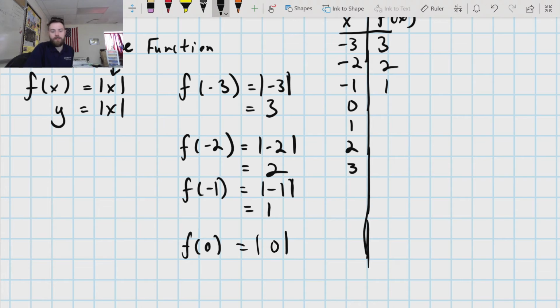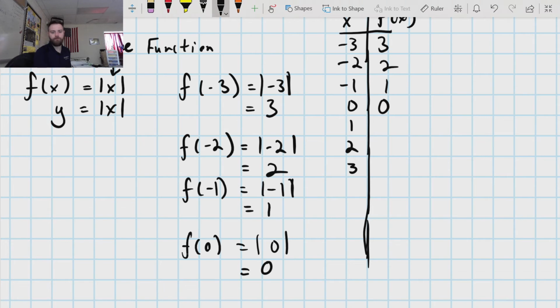So 0 is neither positive nor negative, but there's no distance there. So if you think about, okay, you're asking yourself, what's the distance from 0? Well, the distance of 0 from 0 is 0, obviously. I hope that's obvious. So the distance from 0 to 0 is 0.